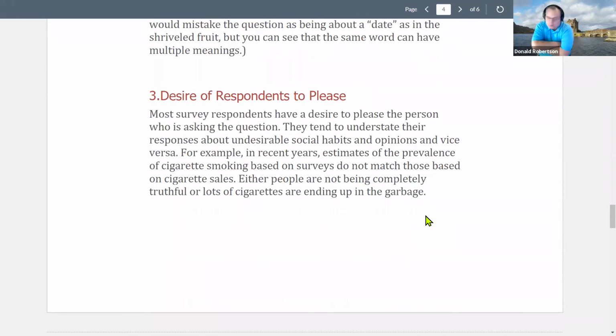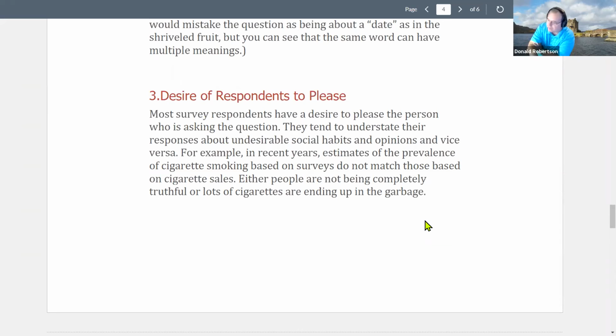This one's a cool one. People answer questions, and mostly all of us like to be nice and to be liked. So very often you will find that they will answer the question so that they are not put in a bad light. So if you ask people, do you recycle all your stuff?